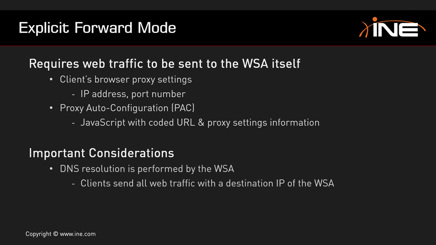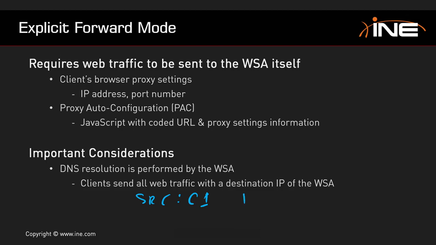In this particular case, and notice that since the browser is going to be pushing every single web packet to the WSA, DNS name resolution is technically not needed on the clients. Because anytime I put something into the browser URL, the device is going to automatically build a web packet which is going to be sourced from the client, like C1, let's say that C1 is my web client.